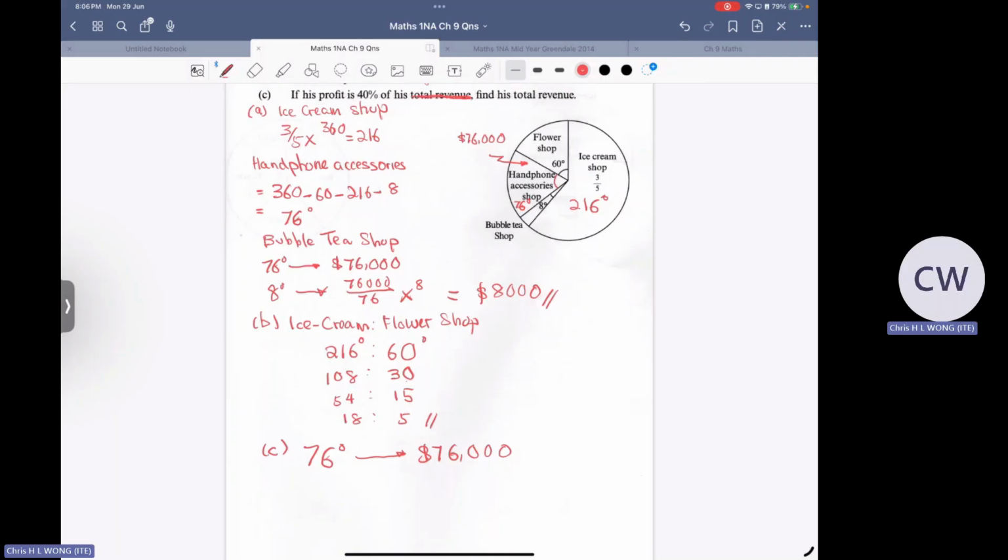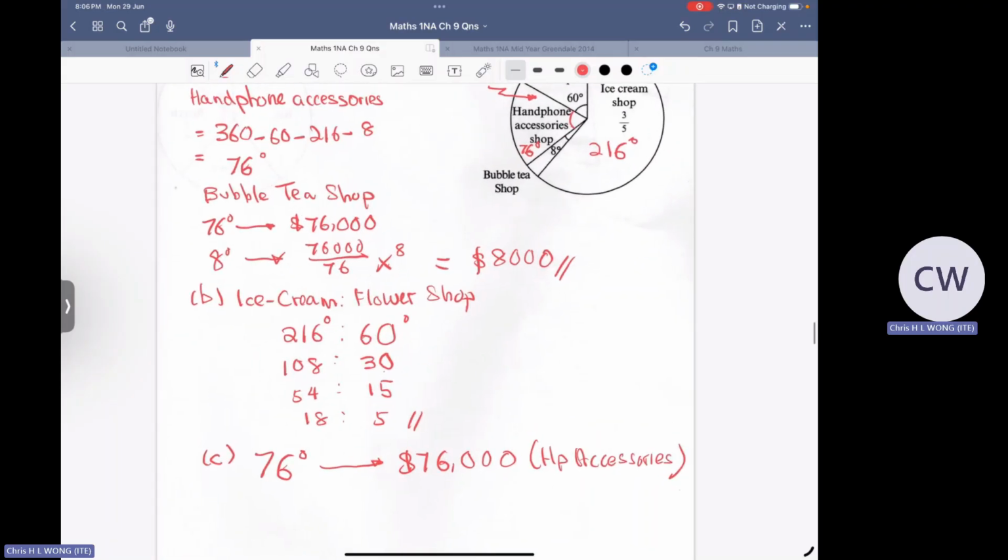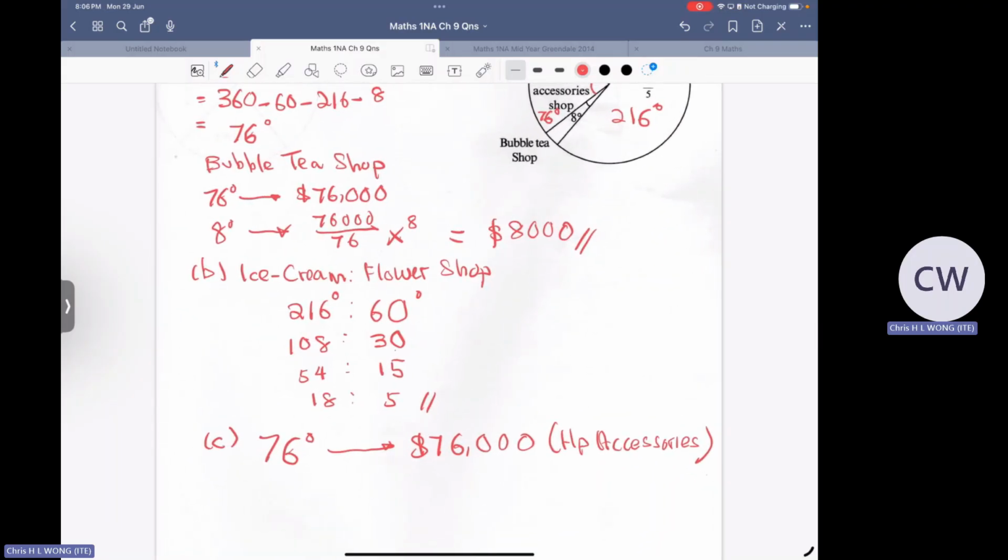Where do I find this from? I found this from handphone accessories, HP accessories. All I need to do is to find out how many degree is 360 degree, which will be the total profit, isn't it? So I find out the total profit first.